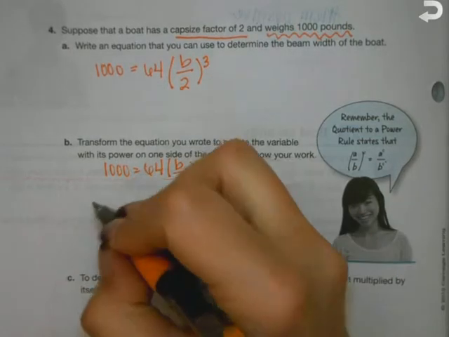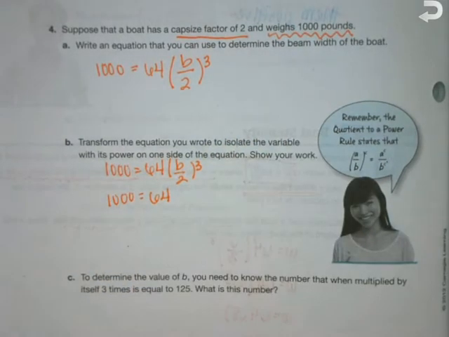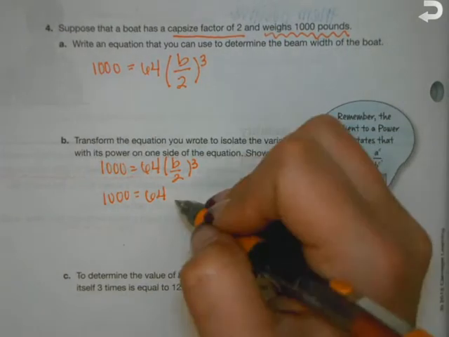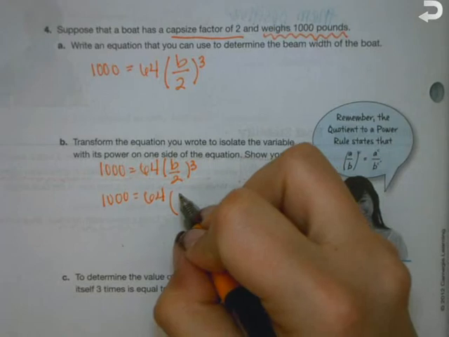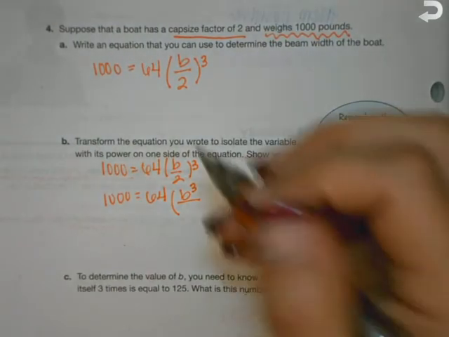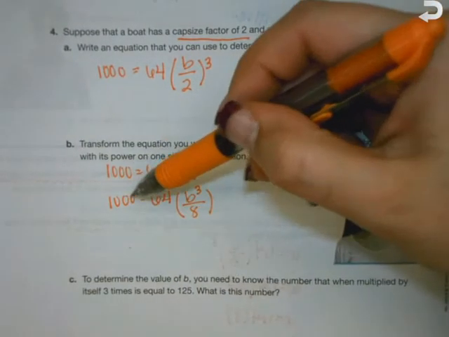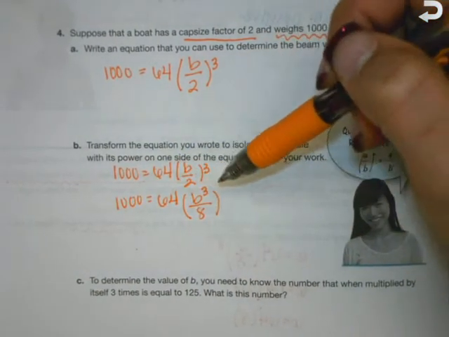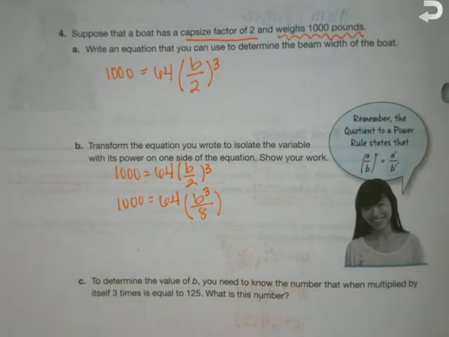So let's rewrite what we have. 64 times b times b times b, what's that give you? B to the third. And 2 times 2 times 2 gives me 2 to the third, which is 8. So do you guys agree that this is 1,000 equals 64 times b to the third over 8? Okay, so I just cubed the top and the bottom.